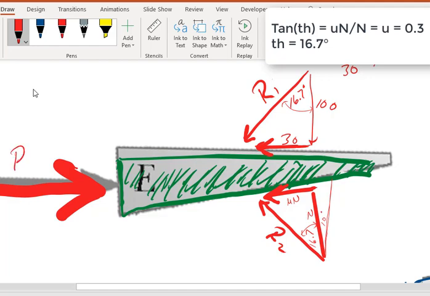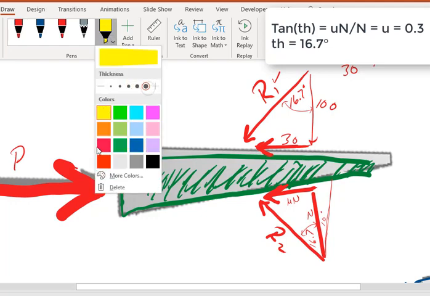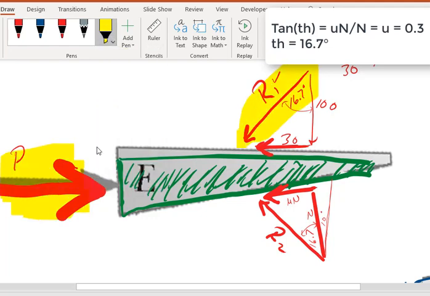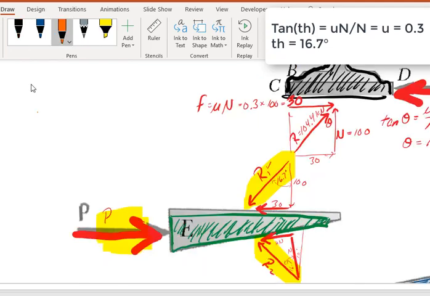What we have here is three forces acting on the wedge. We're pushing on it, and then the top and the bottom are also pushing on it. The easiest way to figure all of these forces out is to add them head to tail, head to tail. So let's make a giant triangle out of these three forces. We have the resultant on the top at that 16.7 degrees, so 73.3 would be the other side of that 90-degree angle.